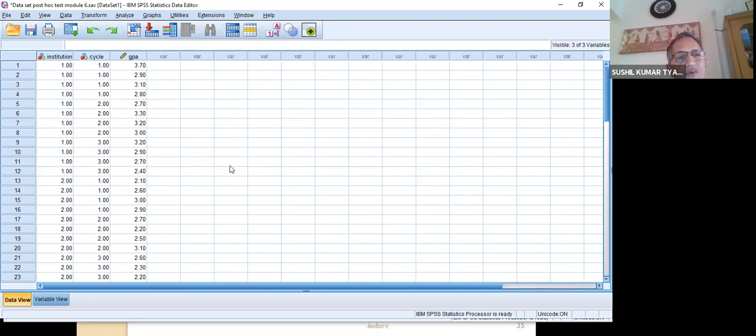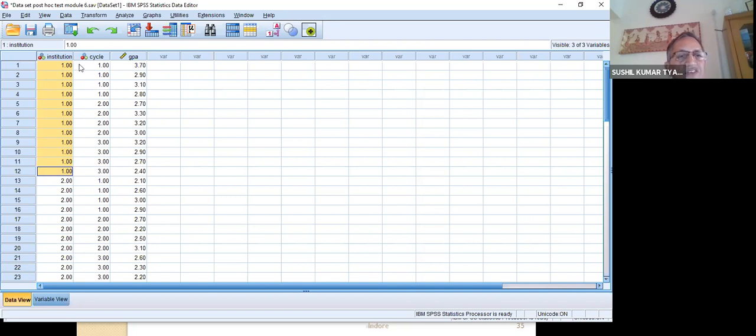See, this is how data is entered. First we enter institution. So there are 12 institutions of type 1, departments.